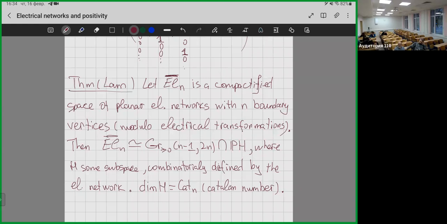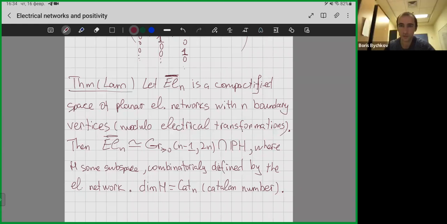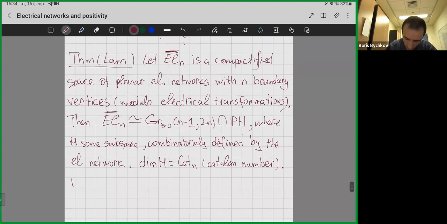Да. Значит, есть такое утверждение. И если мы говорим про положительность, то есть такое утверждение: это пространство компактифицированных плоских электрических сетей — это вложение в totally non-negative, полностью неотрицательный лагранжевый Гроссманиан.